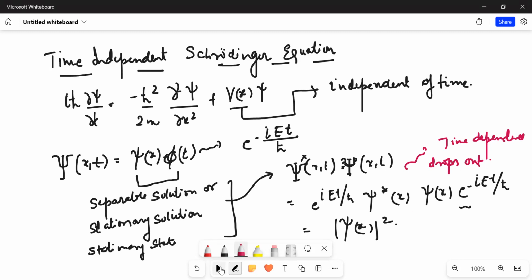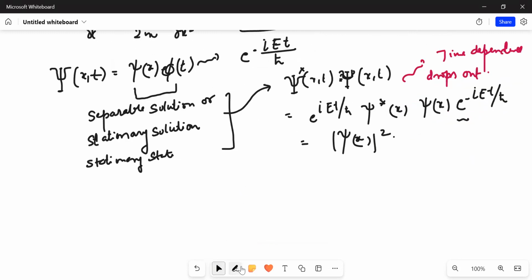One more important thing that needs to be mentioned here, and I mentioned it in the previous lecture also: the same thing we can see for the other dynamical observables as well.